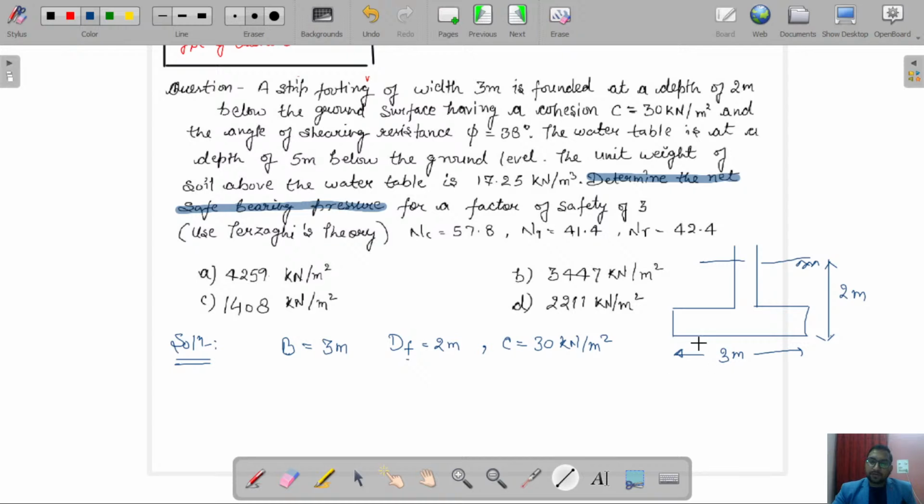Now the zone of influence, up to which this footing is going to transfer its load, is up to B distance below the foundation level, so up to this level. This is also 3 meters.